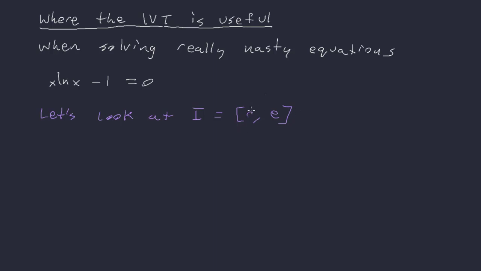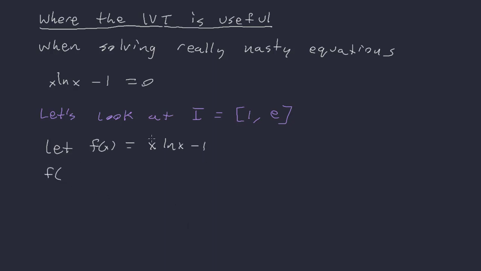Sorry, not 0, 1. Yeah, sorry, can't plug 0 into ln. Anyway, we're going to look at this interval, 1 to e. So I'm going to let f of x be this side of the equation here, the x ln x minus 1.